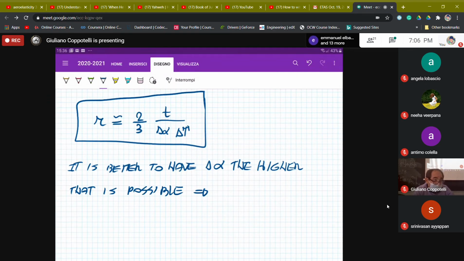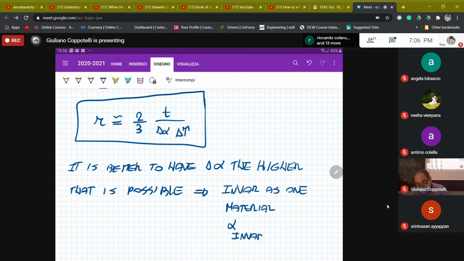That's the reason why we are using INVAR as one material for such a thermometer, that is characterized by a linear thermal expansion coefficient equal to 1.7 times 10 to negative 6 degrees Celsius to minus 1.